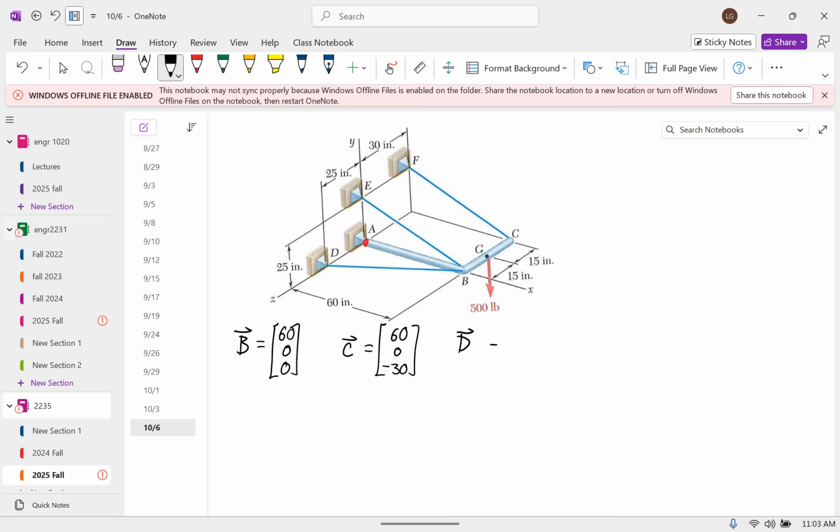D is just 25 in the positive z. E is just 25 in the positive y.